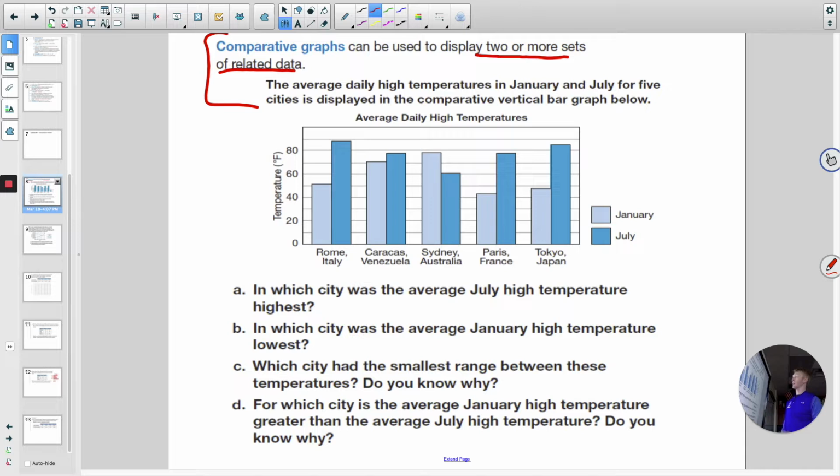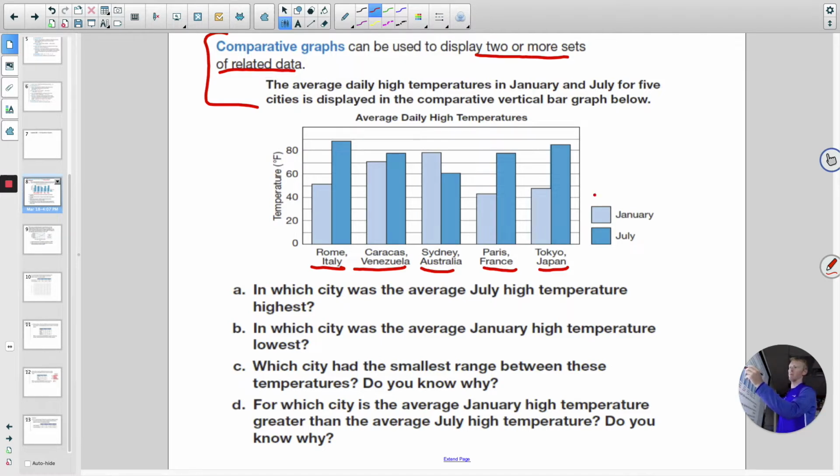Our double bar graph says the average daily high temperature in January and July for 5 cities is displayed in the comparative vertical bar graph below. You have Rome, Italy, Caracas, Venezuela, Sydney, Australia, Paris, France, Tokyo, Japan. So 1, 2, 3, 4, 5 different things are being compared here.